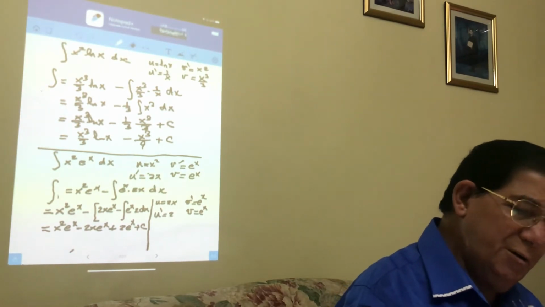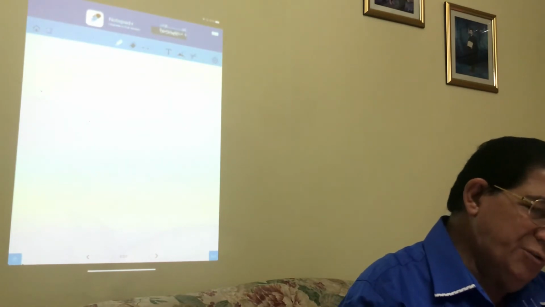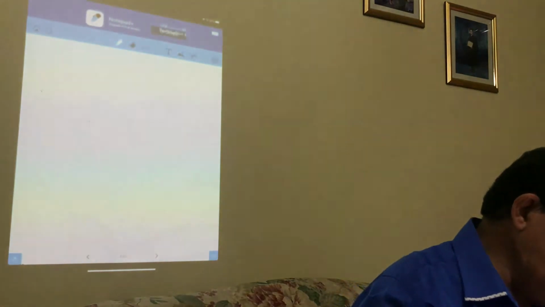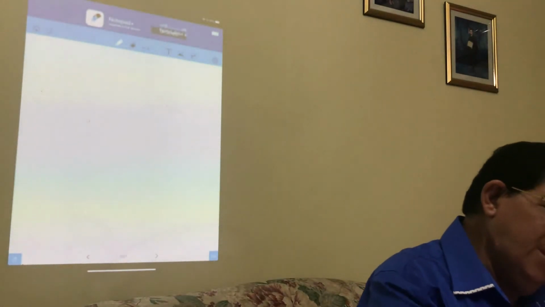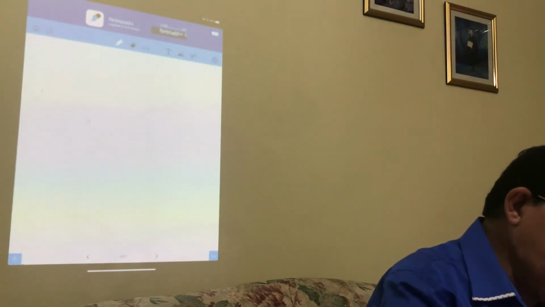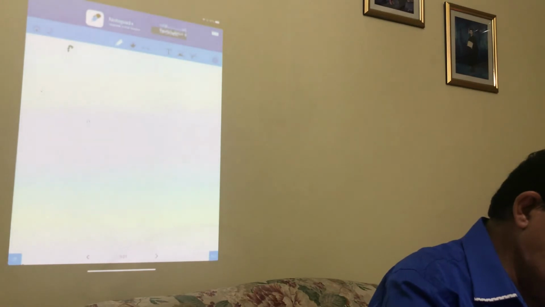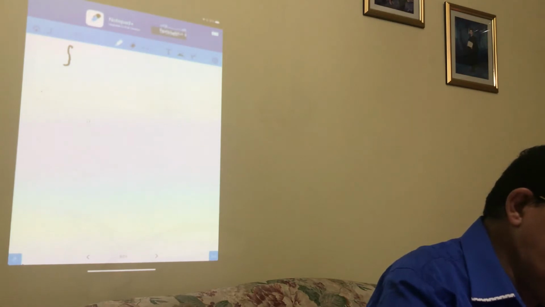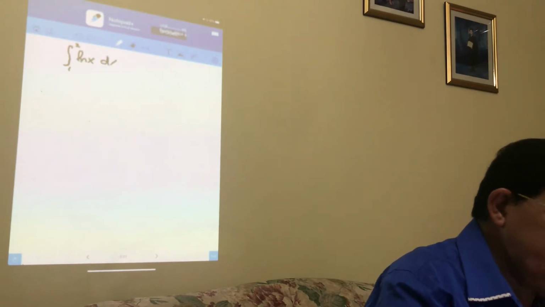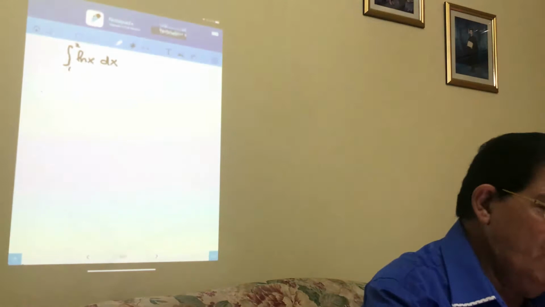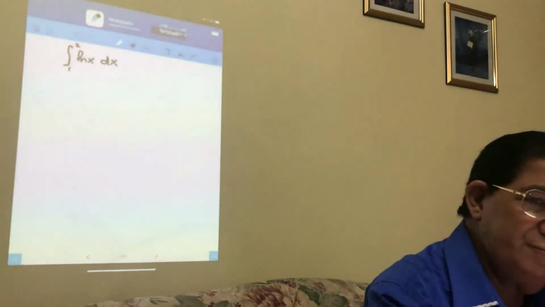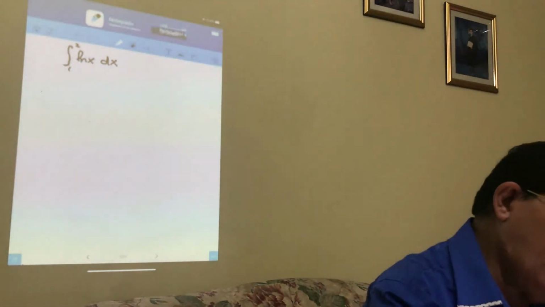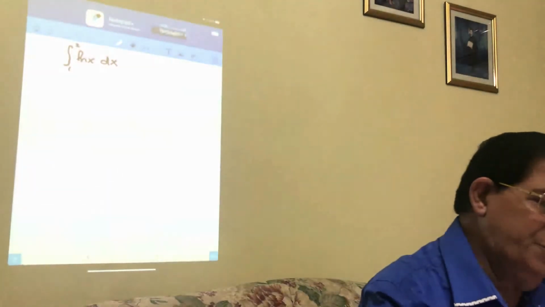We have another type of problem, very nice, a tricky problem. If we want to integrate from 1 to 2 of ln x alone dx, now we cannot integrate ln x, and therefore what we do is the trick.